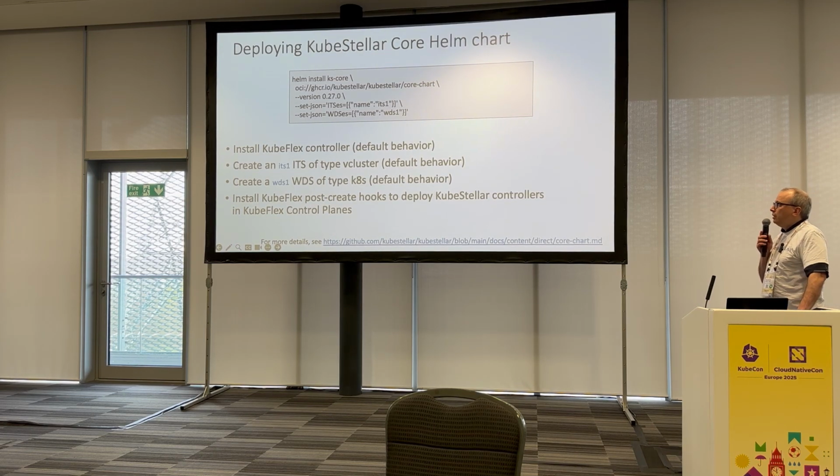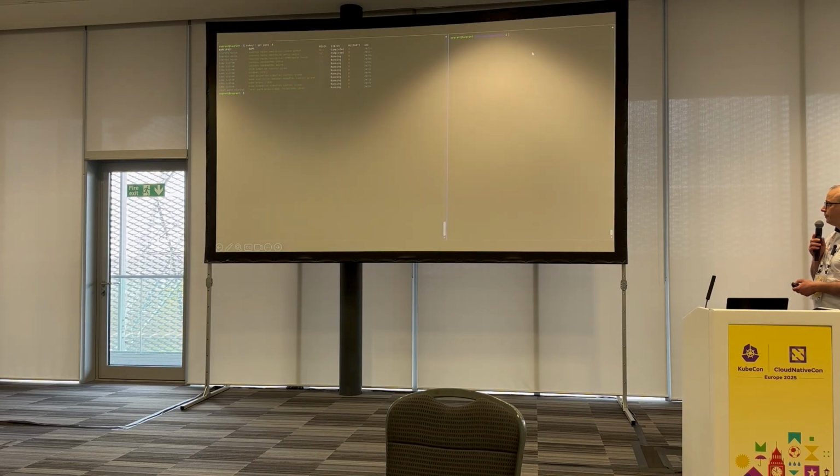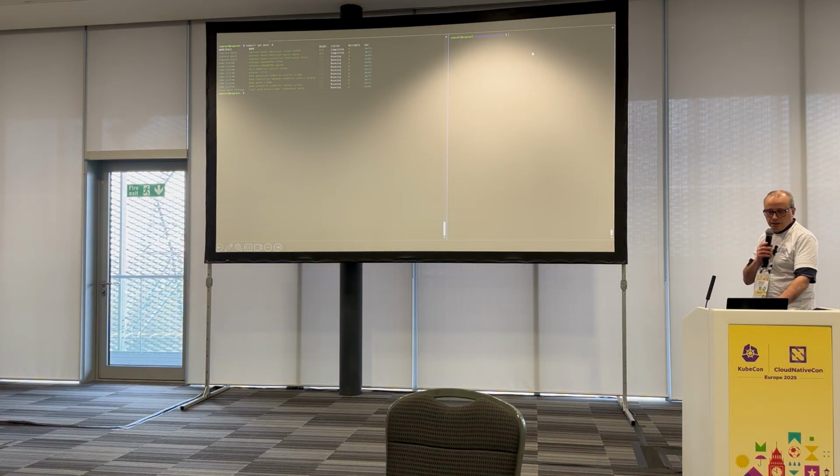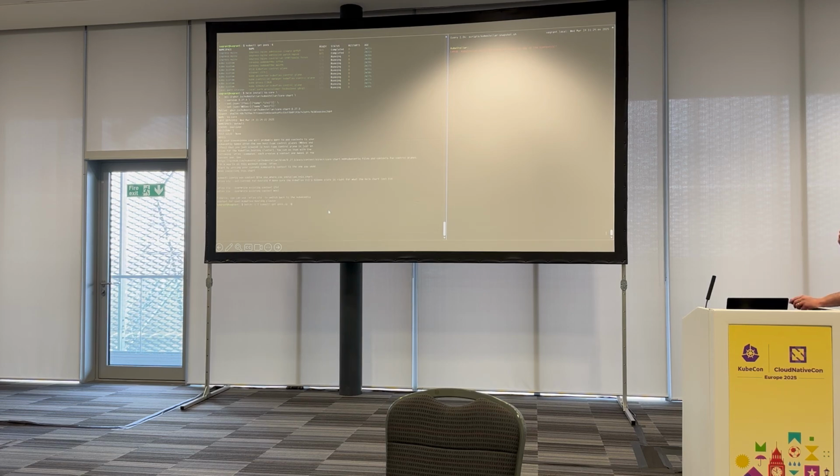We also leverage KubeFlex post-create hooks to basically deploy all the KubeStellar controllers that are needed to manage the control planes. So here I'm going to run a simple demo. As you see on the left, you see the pods in the hosting cluster, and on the right, it's a watch of a snapshot script that is available in the KubeStellar repo that shows the KubeStellar resources.